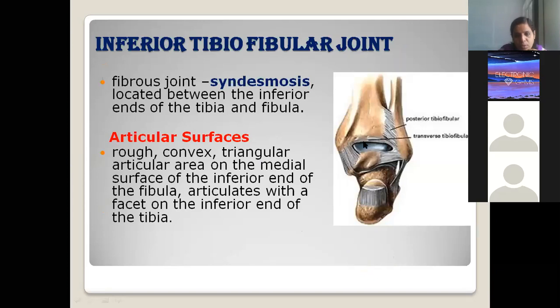Now we are moving to the lower part, that is the inferior tibiofibular joint. So what is this projection of the lower end of the tibia called? Medial malleolus. What is the lower projection of the fibula called?